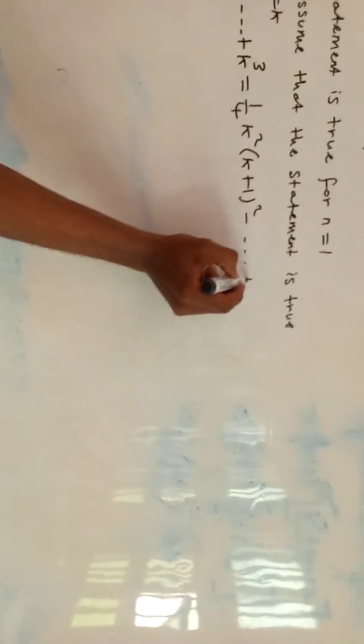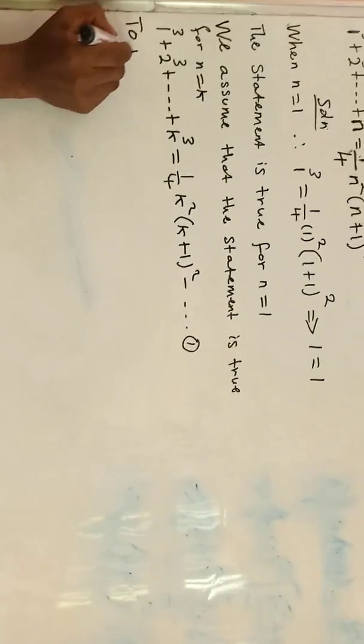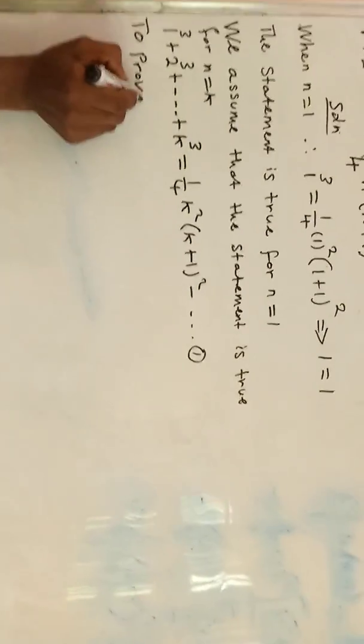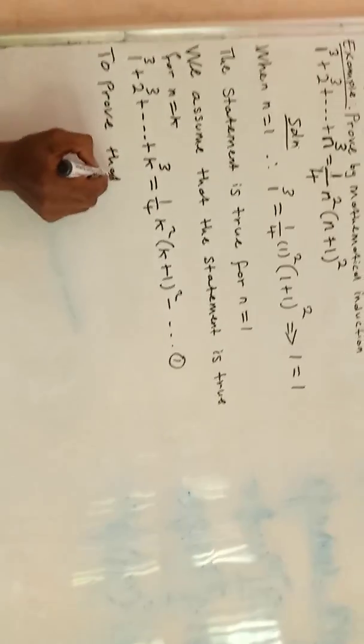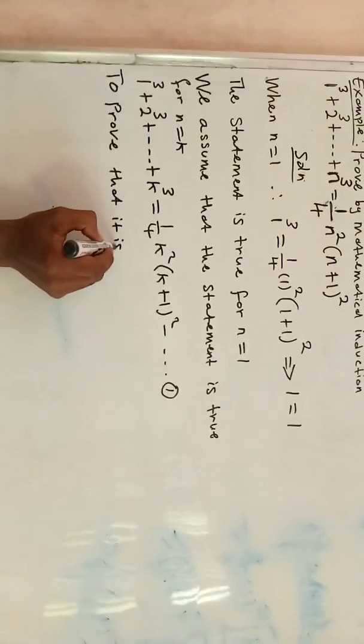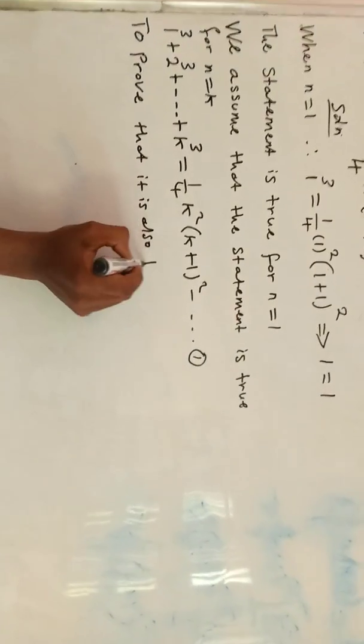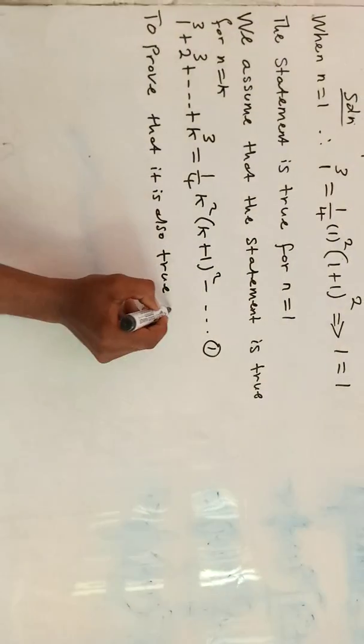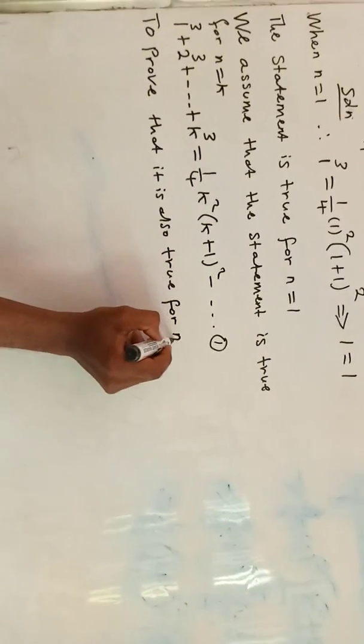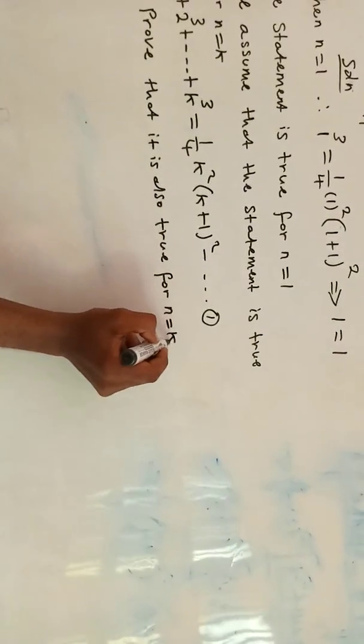This is equation 1. To prove that it is also true for n is equal to k plus 1, we bring down the equation.